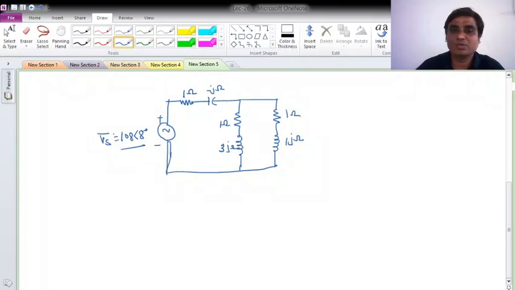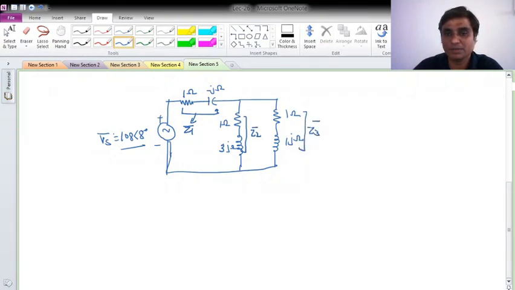Now if I would like to do the power analysis, what should I know? I should know the voltage and current for each element. Let us say this is my Z1, this is my Z2, and this is my Z3.